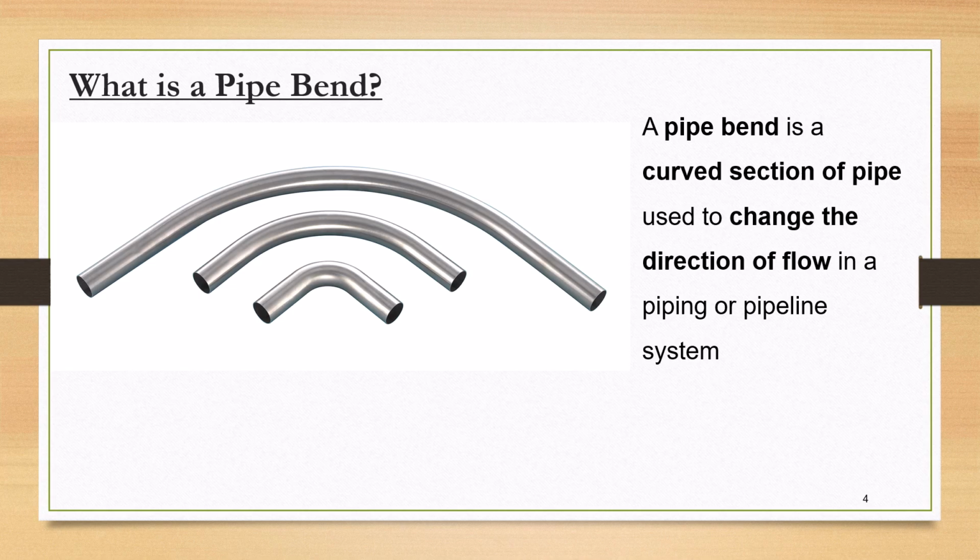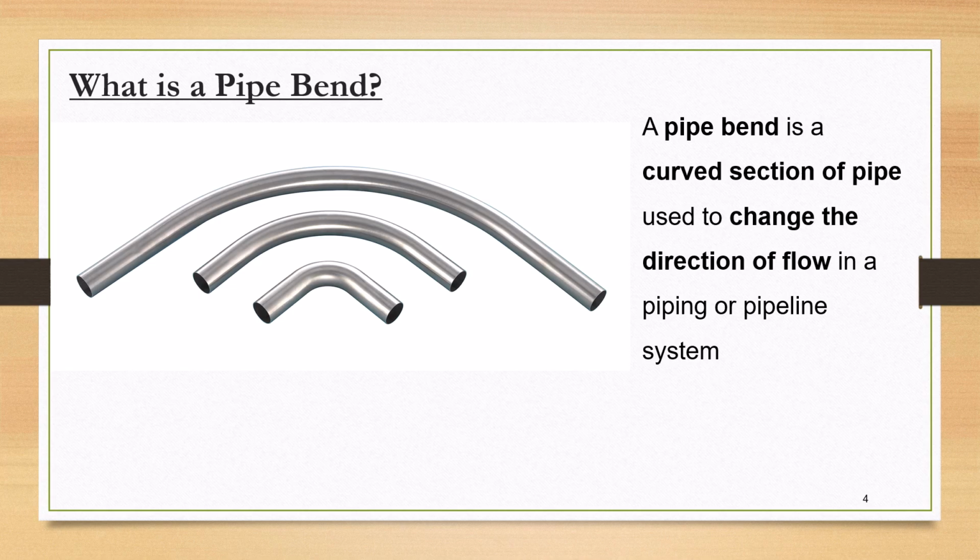Next is induction bend, a precise method where the pipe section is locally heated by an induction coil while being bent, widely used in modern pipeline construction. Then one type of bend is known as miter bend, made by cutting and welding straight pipe pieces at angles, used for large diameters or non-standard bends.